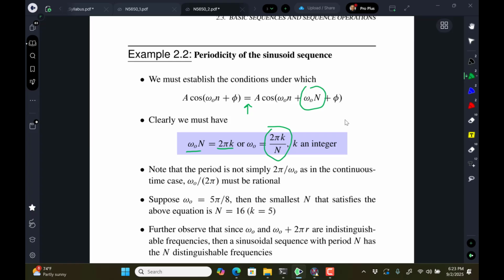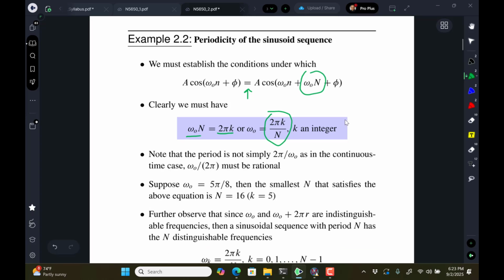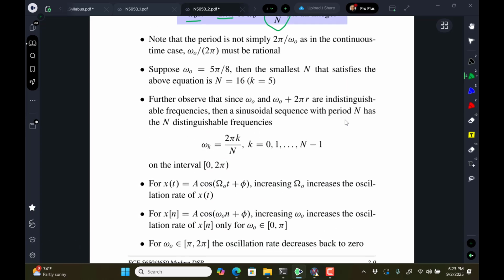So they're all there well and fine. So we have this property that they're indistinguishable. If you take omega naught and add some r times 2 pi, where r is an integer, you're just going to get what's called an indistinguishable frequency. So the distinguishable frequencies are just these N right here.